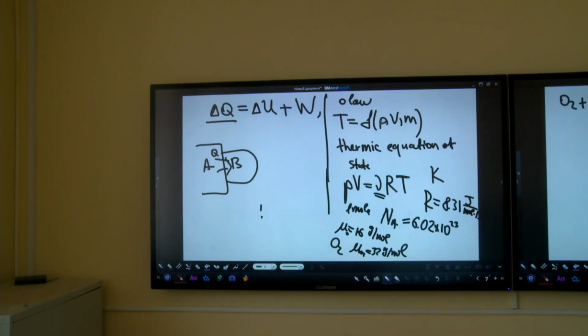Well, first of all, what would be the equation of state for this mixture? That's a slightly more complicated topic. When you start with a single, uniform substance, then it's very simple. But now I have a mixture.